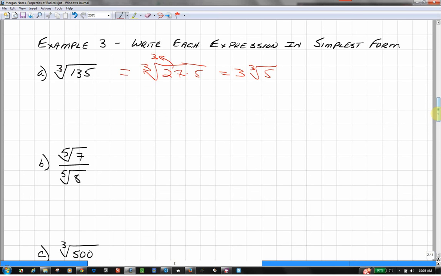But that's not going to get rid of my denominator because 8 does not divide evenly into 7. So when I have that situation, what I'm going to have to do is rationalize the denominator. So I say to myself, okay, I have the 5th root of 8. Where's my next perfect 5th power? What can I multiply 8 by that gives me a perfect 5th power? And I know that 2 to the 5th is equal to 32.